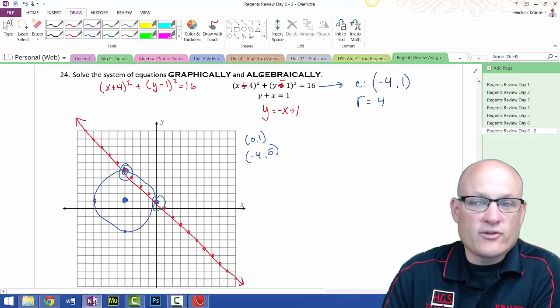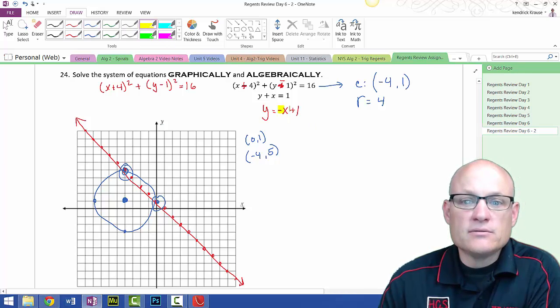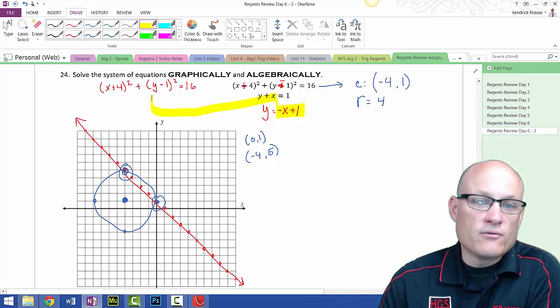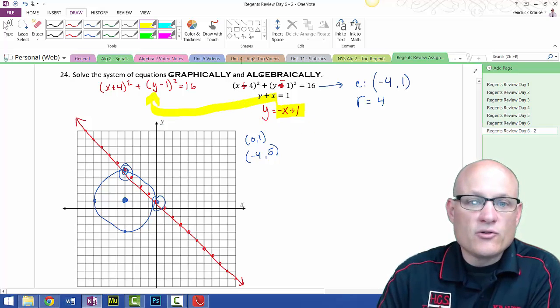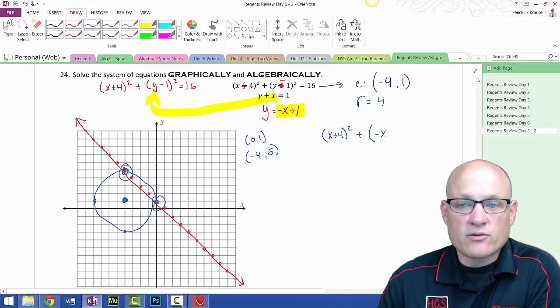So let's try to do this algebraically now. This is y. So I'm going to plug this in for y. What I'm going to get is x plus 4 squared plus negative x plus 1 minus 1 squared equals 16.